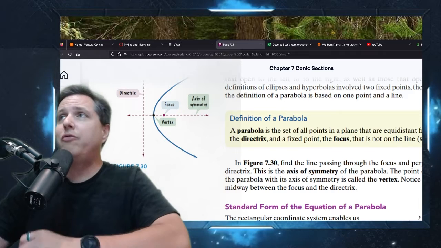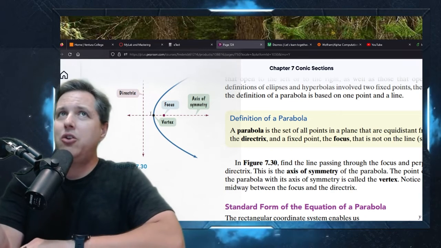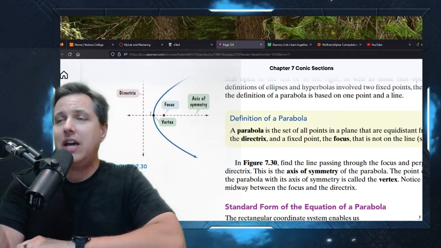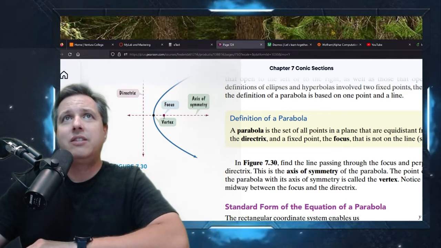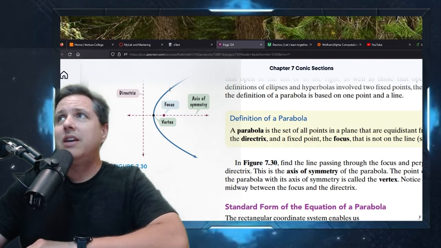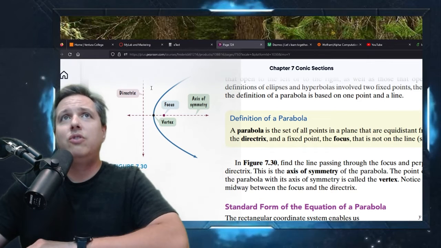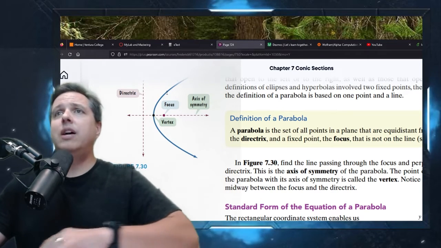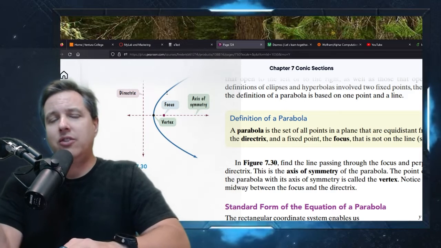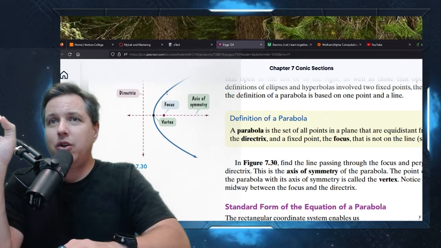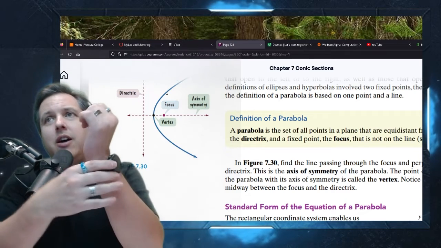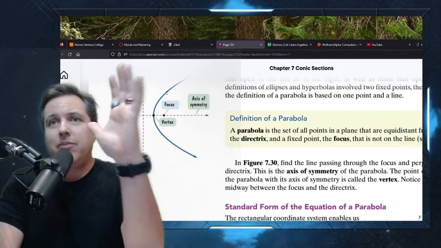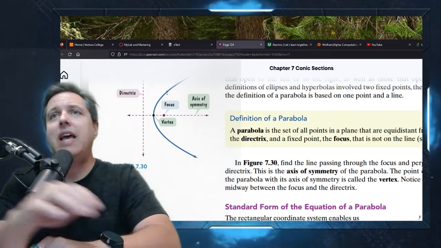So you can see right here the vertex is right in the middle between the focus and that directrix, right? But if you go over here, it's a little harder to see, but this distance from this point to the focus is the same as this point to the directrix, okay? And that focus is really important because that's generally where you're going to put the listening device, the microphone, if you're trying to do something that will pick up sound and amplify sound.